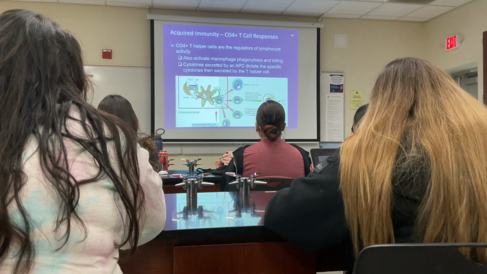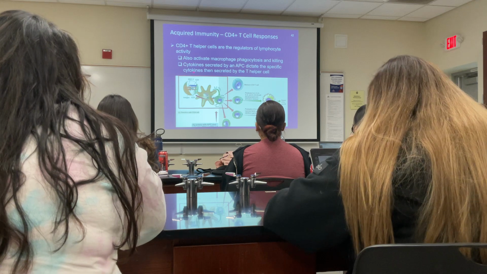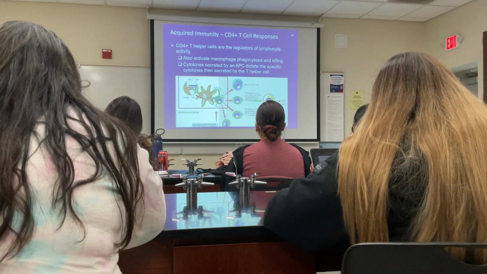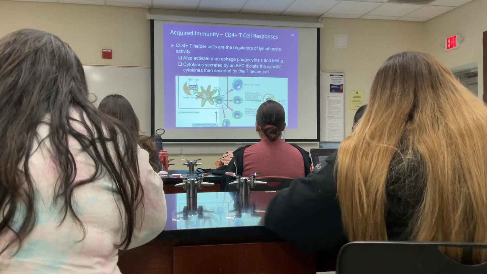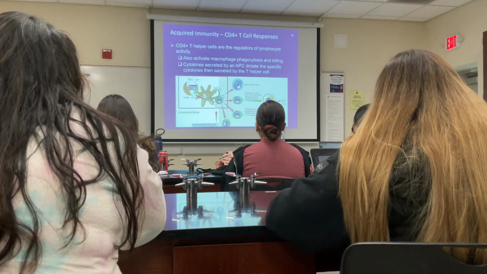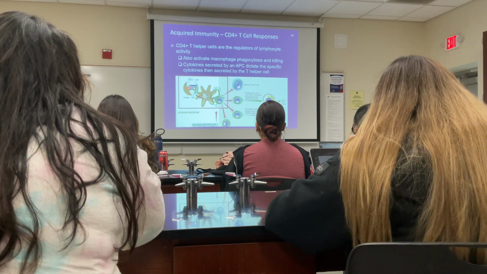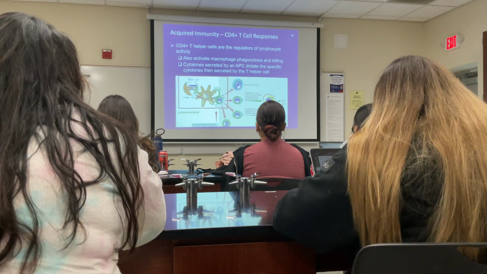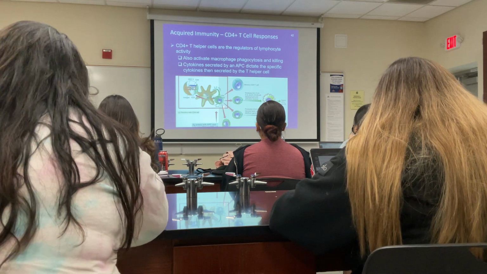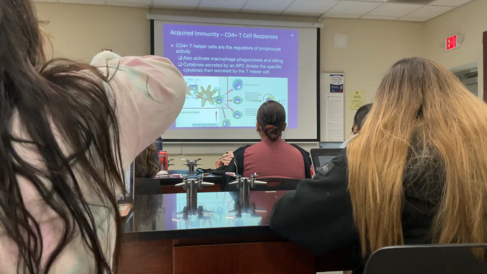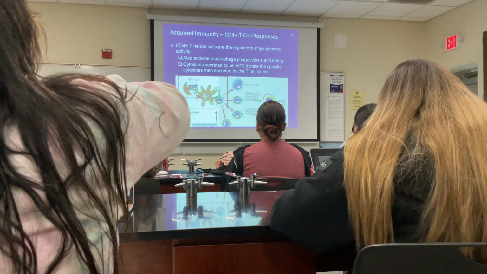So cytokines are initially secreted by an antigen-presenting cell. That's going to dictate then the specific cytokines that get secreted by the T helper cell. So this initial response here, this will be, say, a dendritic cell, a macrophage, a B cell, any of those professional antigen presenting cells, they come across a T helper cell.